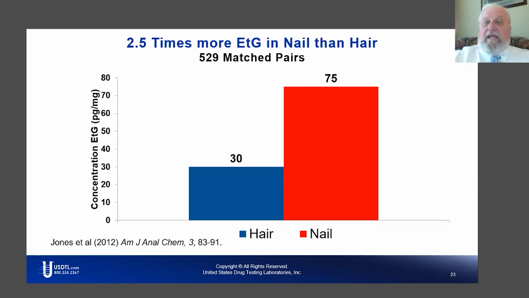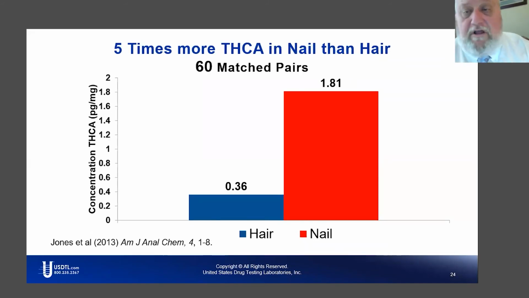This is completely opposite from what we saw on the previous slide with the bases, cocaine and codeine. Again, with marijuana, here's another paper that we published about 8 years ago, where we had 60 matched fingernail and hair samples, again from the same source in Milwaukee. There we had 5 times the carboxy THC in nail than we did in hair.